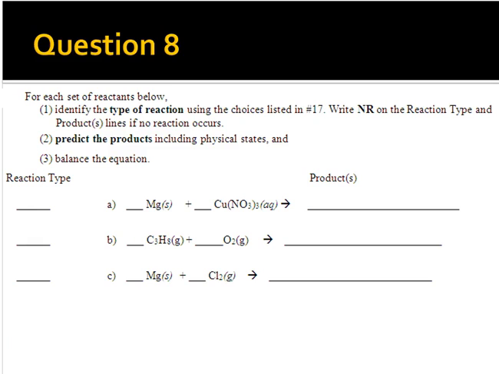Okay, so let's look at letter A. First of all, we have magnesium reacting with copper nitrate, copper 3 nitrate. I noticed that there is an element reacting with a compound. That's a single replacement reaction. But before I write single replacement, I notice that this is a cationic single replacement reaction. In other words, it's the metals that would be doing the switching.